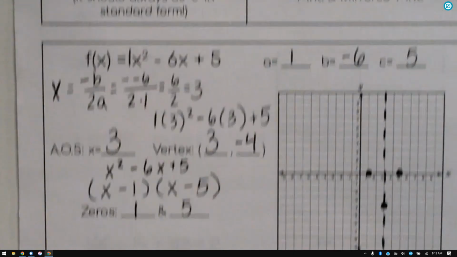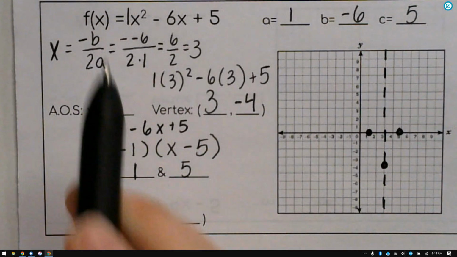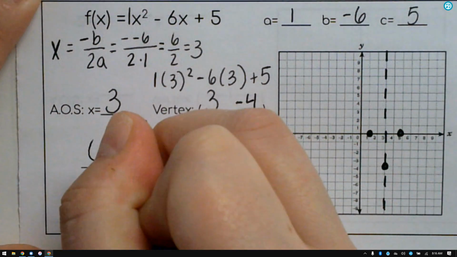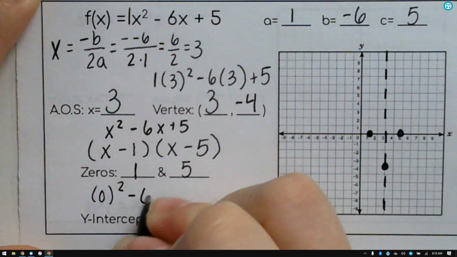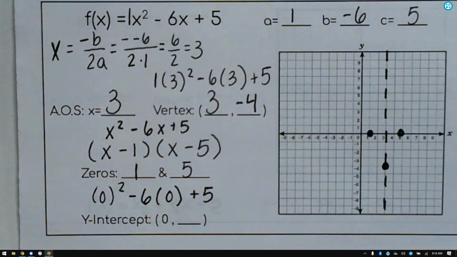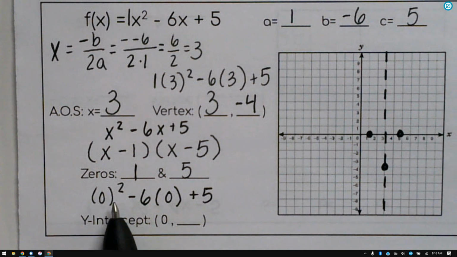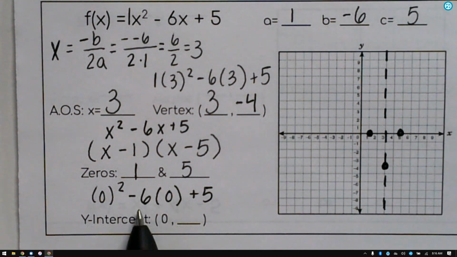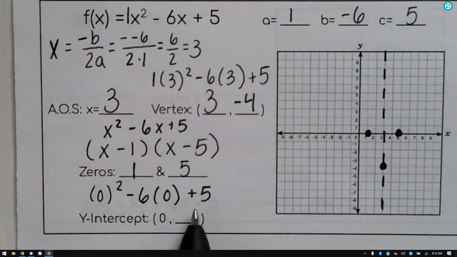So if I come down here and I plug in 0 to my function, I would be doing 0 squared minus 6 times 0 plus 5. What is 0 squared? What's 6 times 0? So this is always going to be 0 plus or minus 0, and then whatever your c value is.